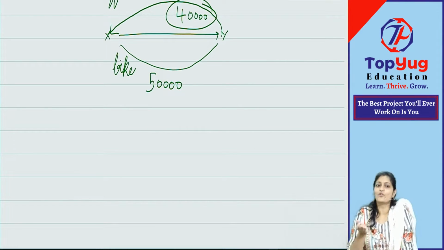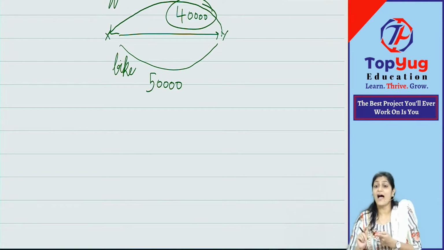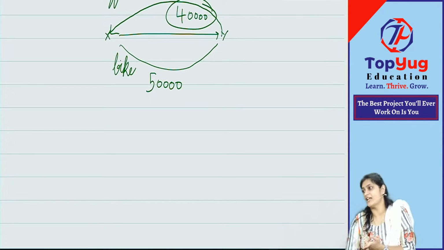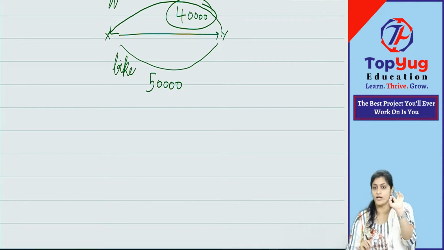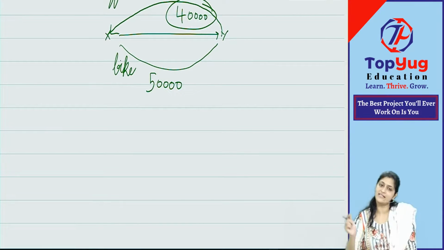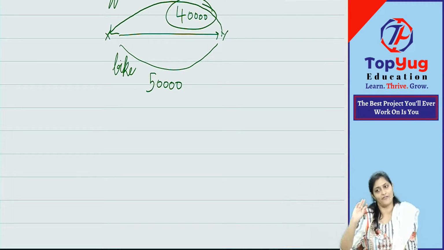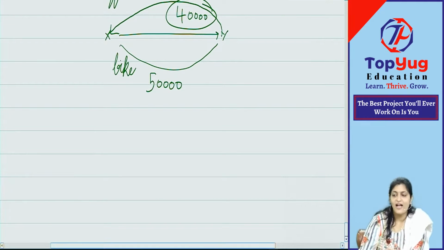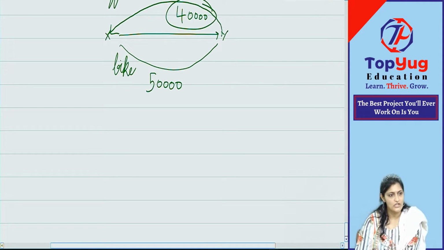That is what happens here also: acceptance with modification, conditional acceptance. You are saying, yes, I will purchase, but I have a condition. My condition is I will buy, but not at 50,000, only at 40,000. This type of acceptance is conditional acceptance.